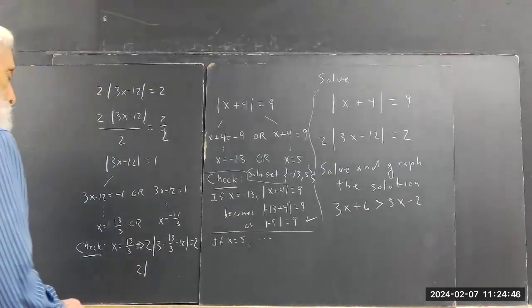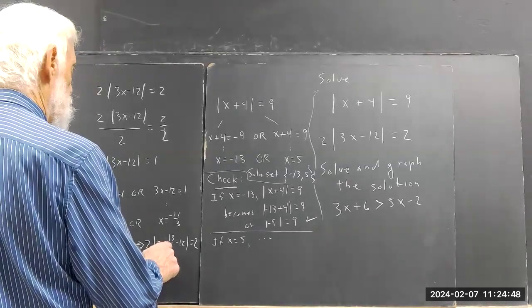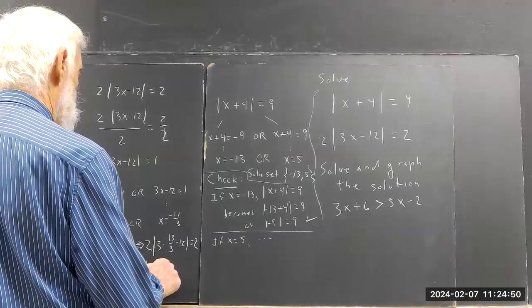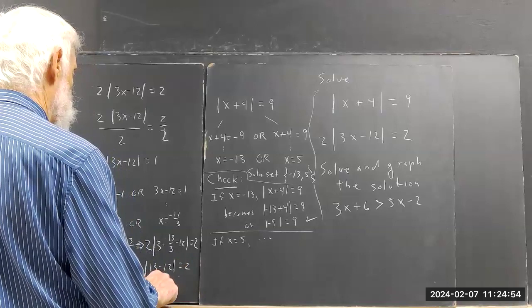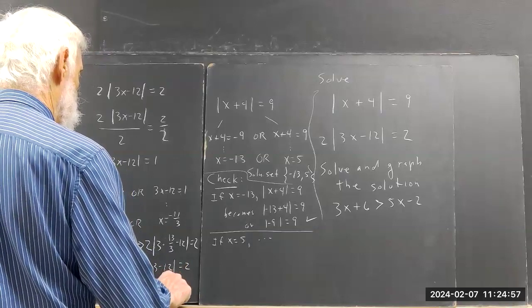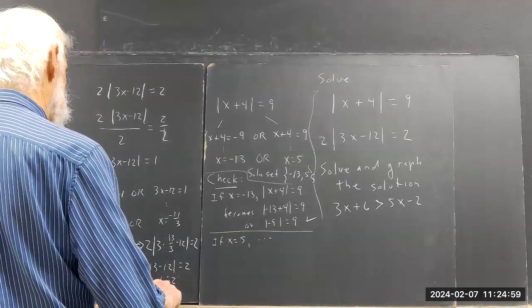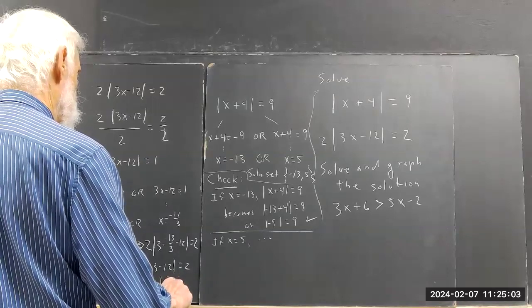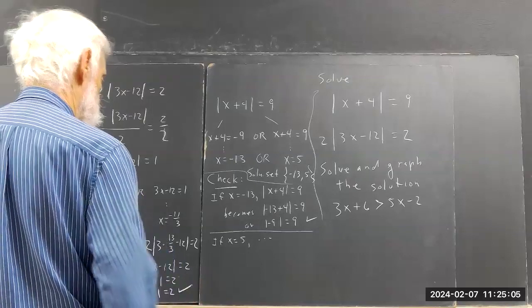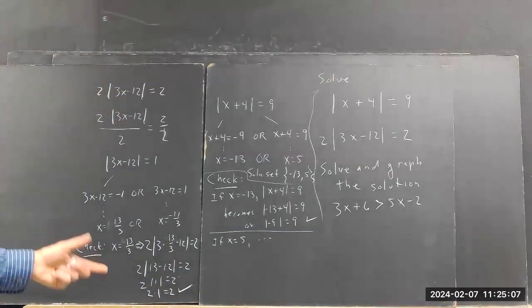So we get 2 times the absolute value, well, of 13 minus 12 equals 2, which is 2 times the absolute value of 1 equals 2, which gives you 2 times 1 equals 2, and we're confident that that's correct. So that checks.